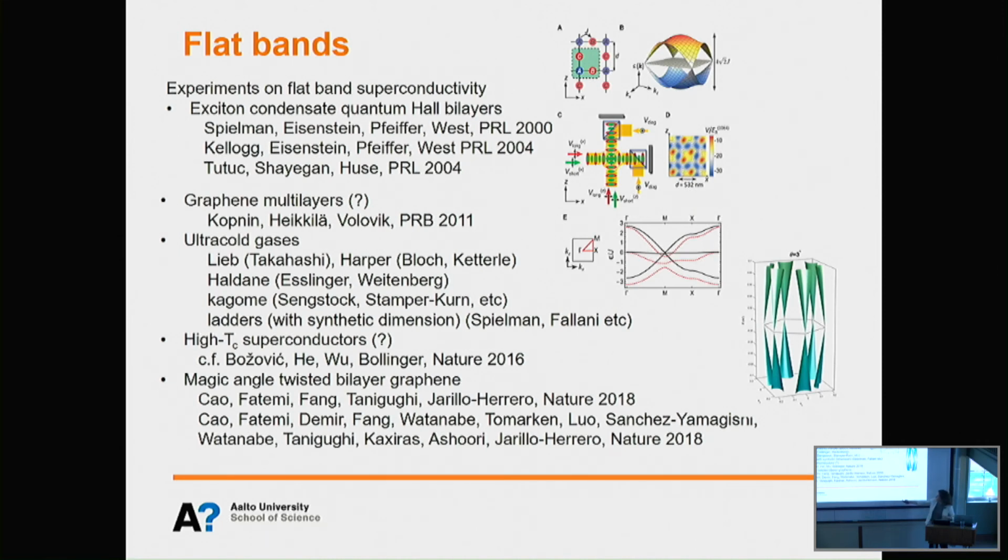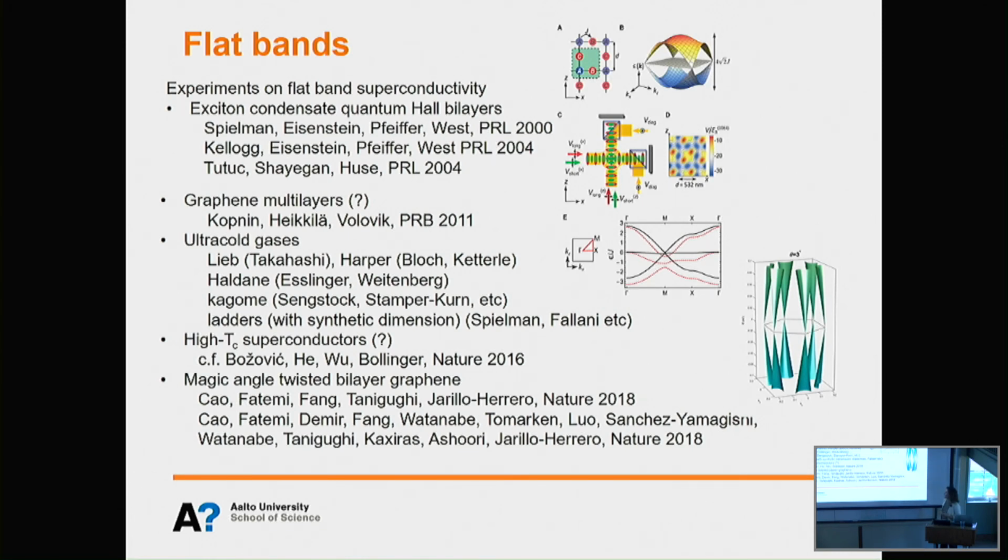Another way is to take systems where you have fluxes, because then you can have a flat band basically by creating Landau levels. And then, of course, there is this recent discovery, I think in the sense of Tillman Esslinger, of magic angle bilayer graphene superconductivity, which we will hear more about tonight.